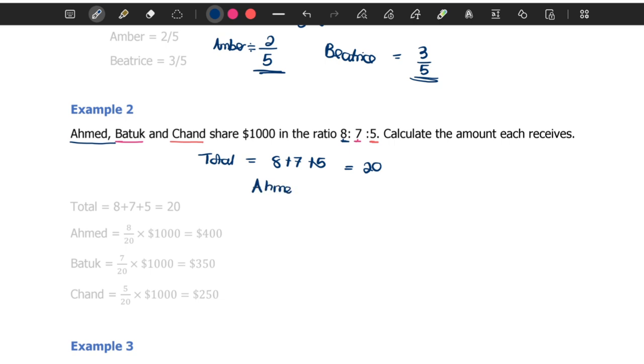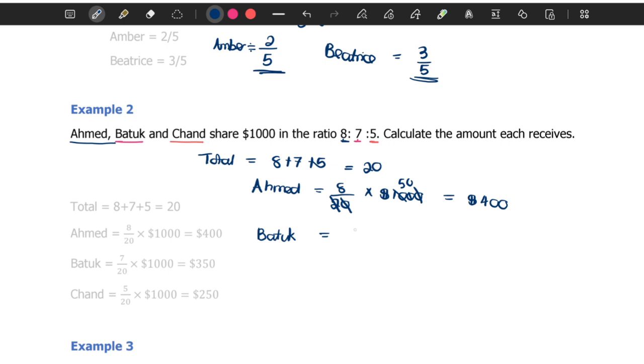Ahmed is going to receive 8 out of the 20 pieces, just like in the pizza slices, of the $1,000. So times 1,000, right? And that gives us $400. And then we go to Batuk.